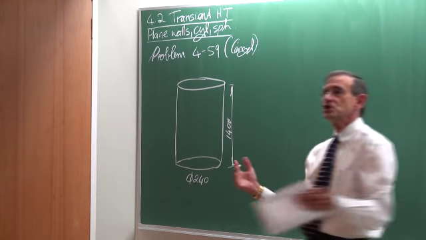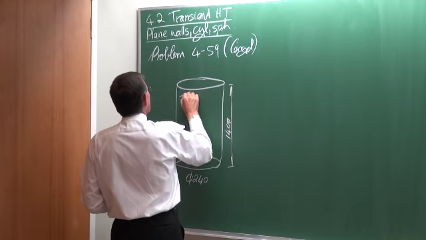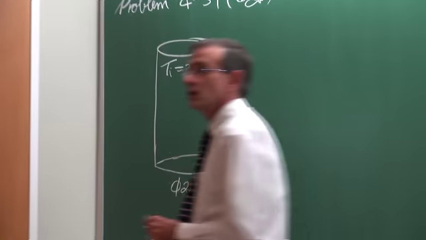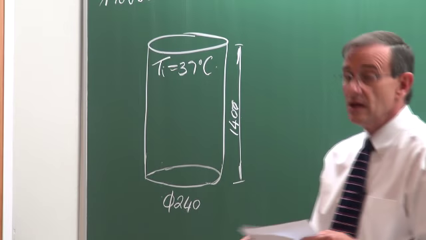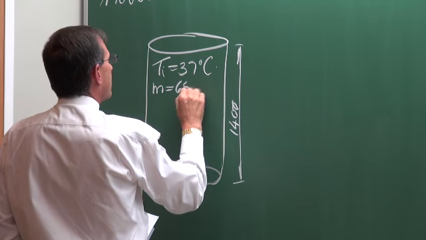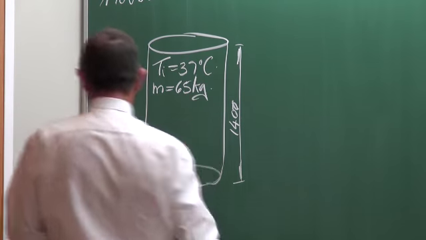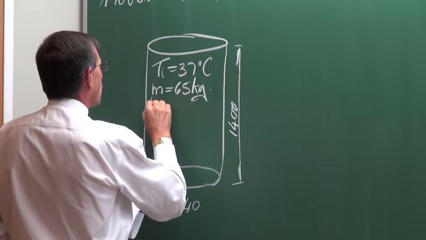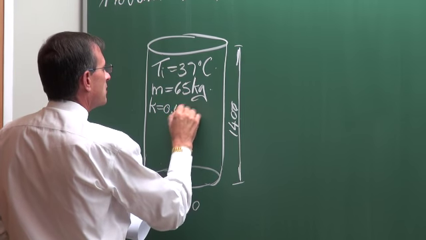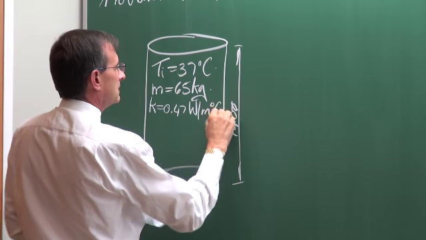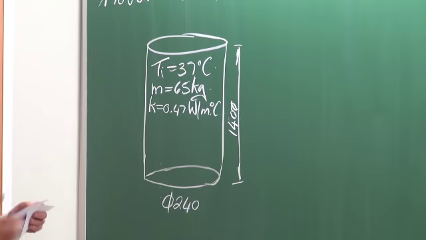The initial temperature must be 37 degrees Celsius, approximately. The mass is given as 65 kilograms. The K value is 0.47 watts per meter Kelvin or degrees Celsius.